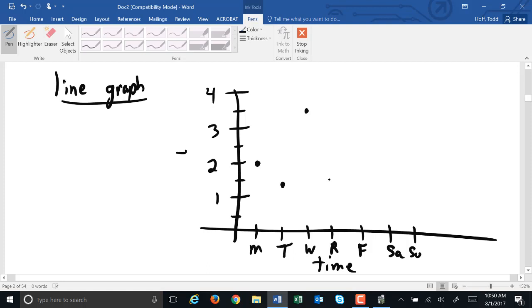Thursday, you spend 2 hours. Friday, you don't study. Saturday, you spend an hour. Sunday, you spend 3 hours. So we can graph the time spent studying over time.